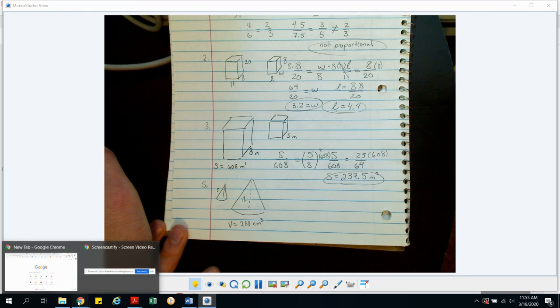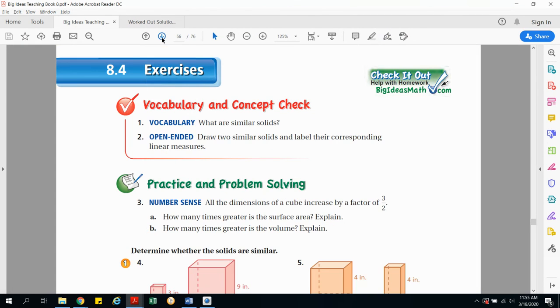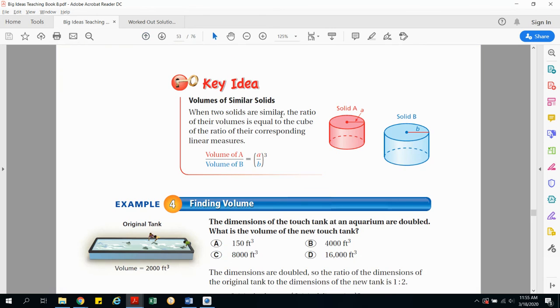We're going to flip back to the book and talk about volume real quickly. Volume is very similar. When two solids are similar, the ratio of their volumes is equal to the cube of the ratio of their corresponding linear measures.